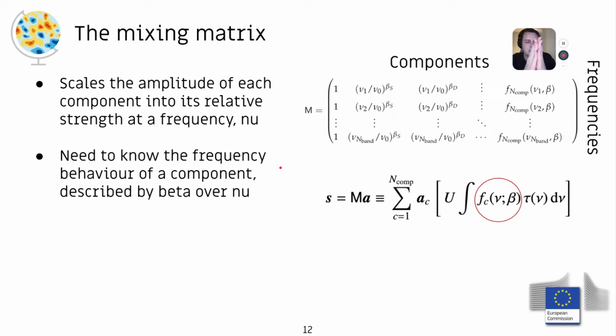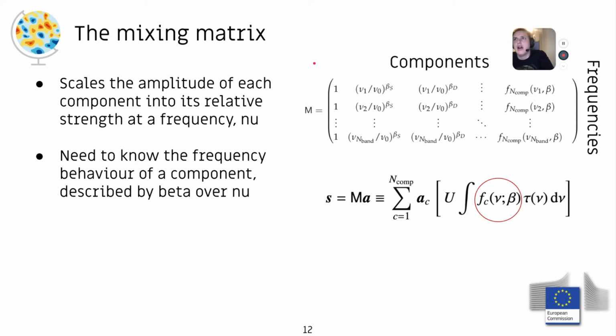So, for example, we extract the thermal dust with a reference frequency of 545, because that's where it's really strong, and it's easy to get a representative view of it. But we want to scale that down to subtract whatever dust is at 70 gigahertz. And the mixing matrix is what helps us do that.